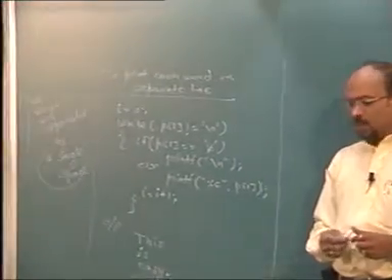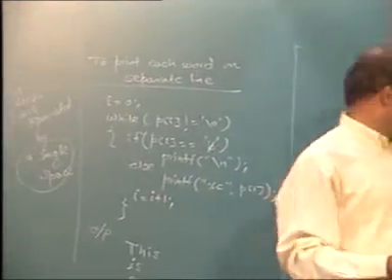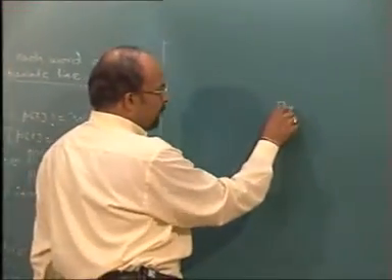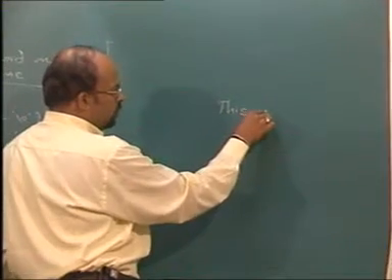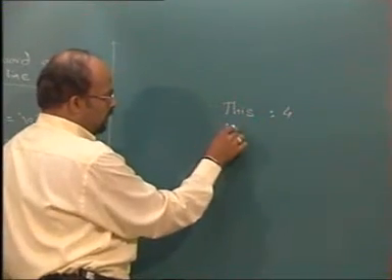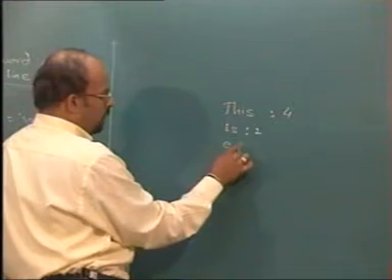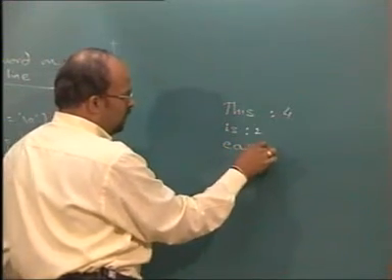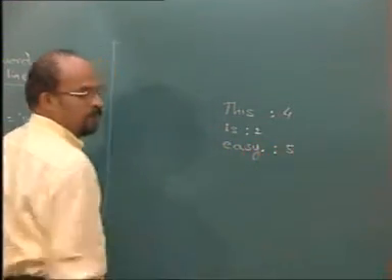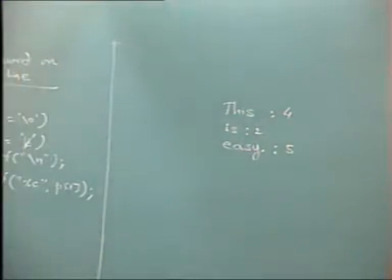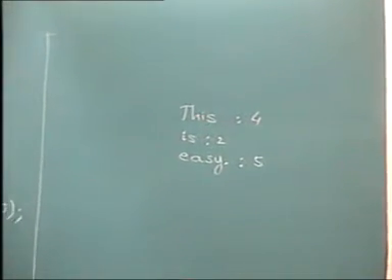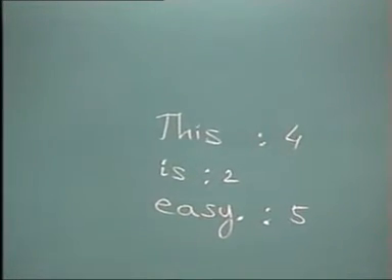Now I want the output where it should appear as this colon 4, is colon 2, easy colon 5. That means the word followed by its length. The base code will be this.